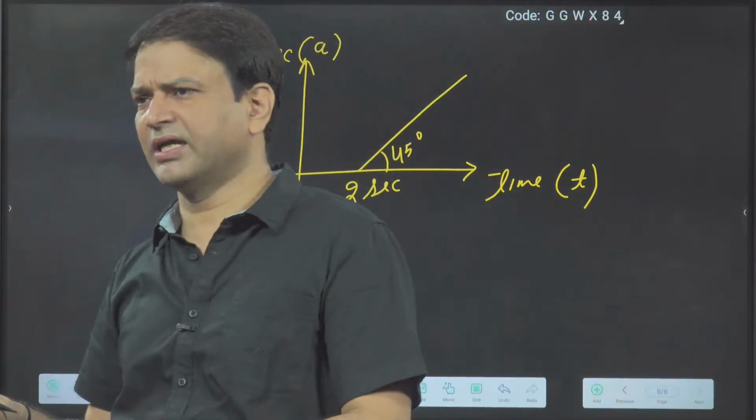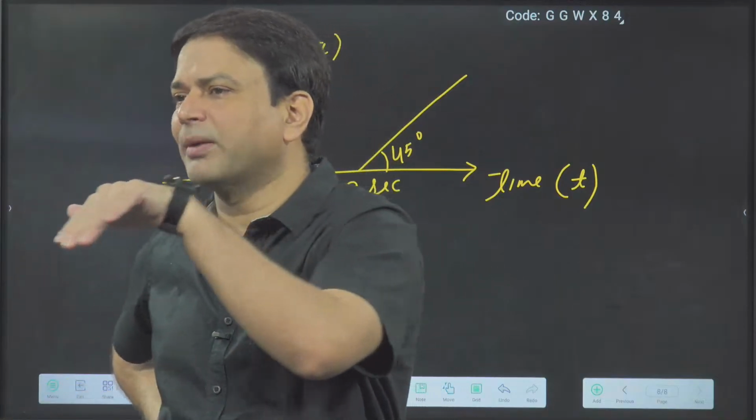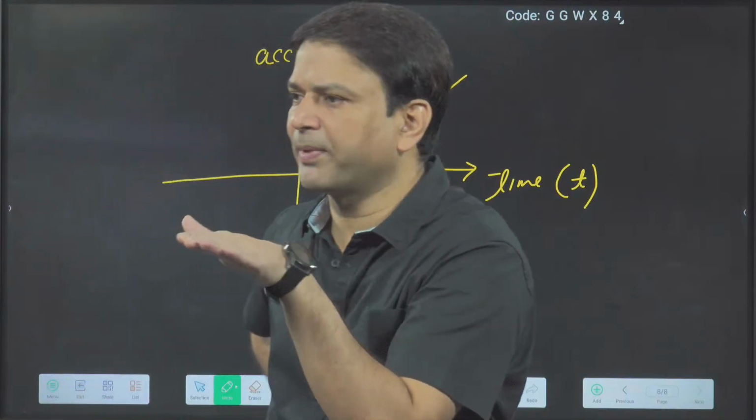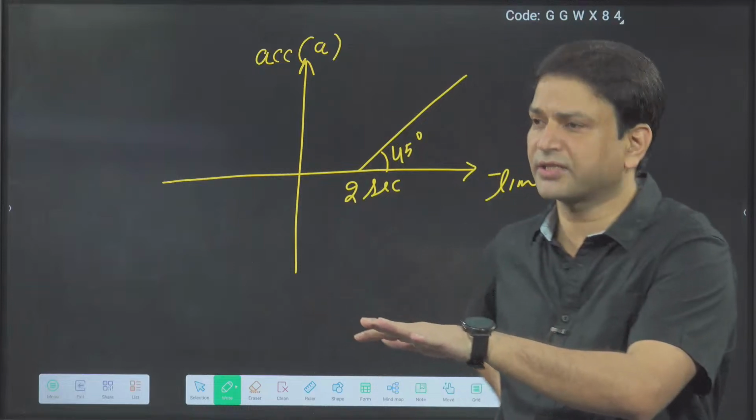It means the line is not perpendicular to the y-axis, the acceleration axis. It means acceleration is not constant.